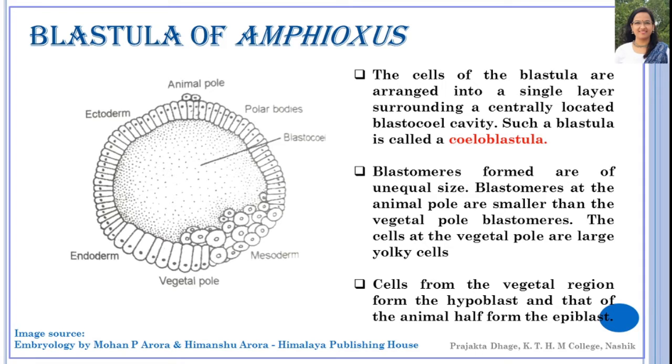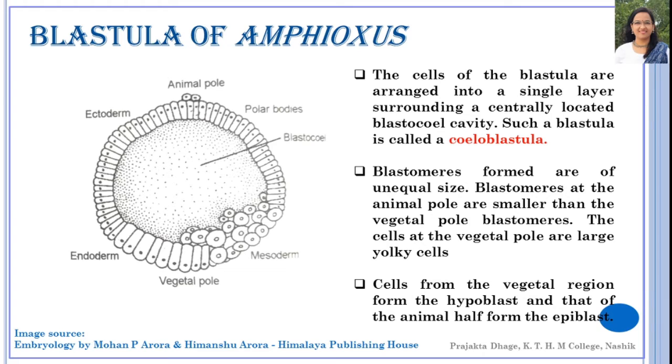After the formation of the blastula, the cells arrange themselves into a simple cylindrical epithelium enclosing the blastocele. You can see the large blastocele over here, a single layer of cells surrounding the entire blastocele. Consequently, the cavity is centrally located within the ball of cells.